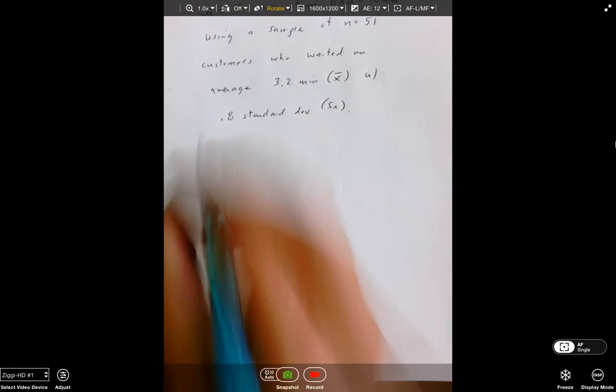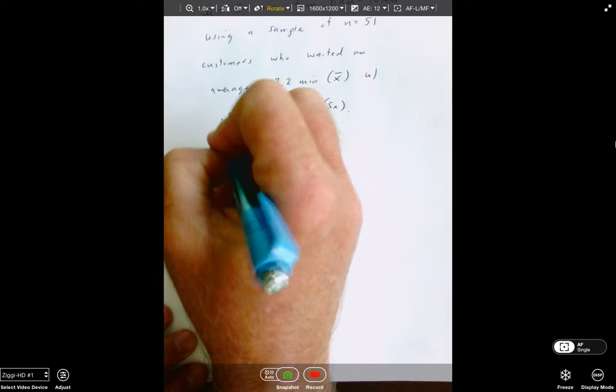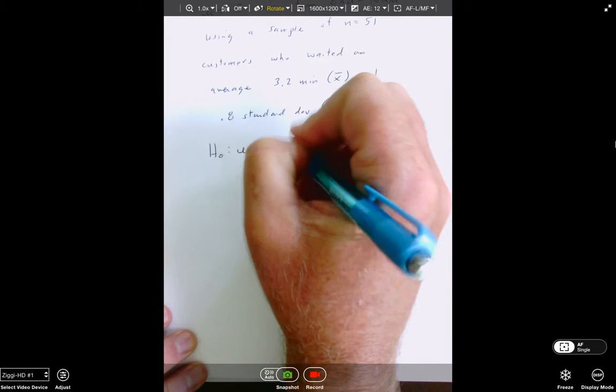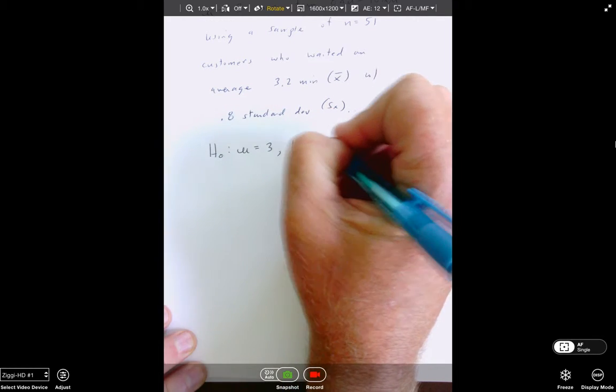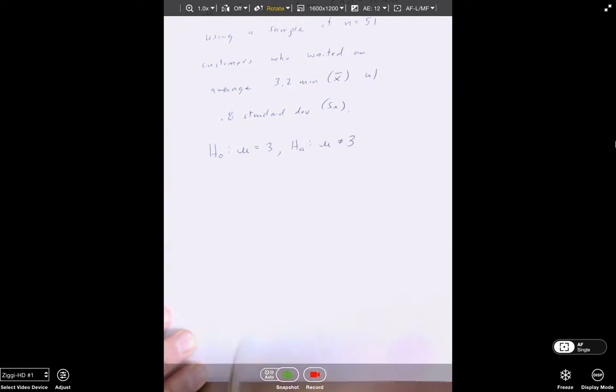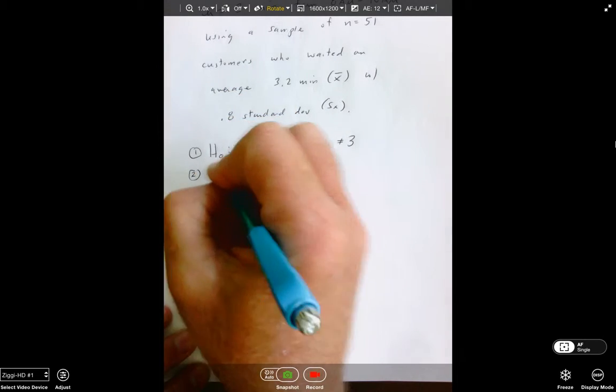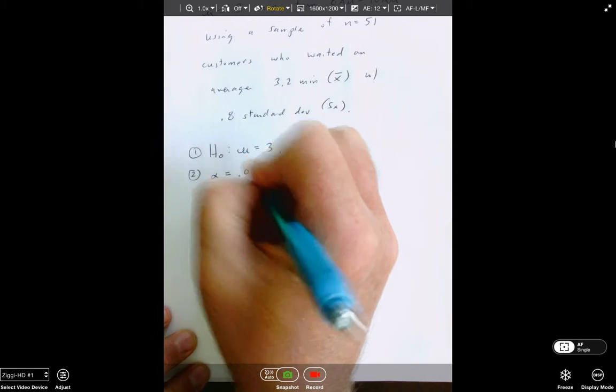We wanted to test not equal. For some reason, that was just our motivation. We used an alpha 0.05, that's fine.